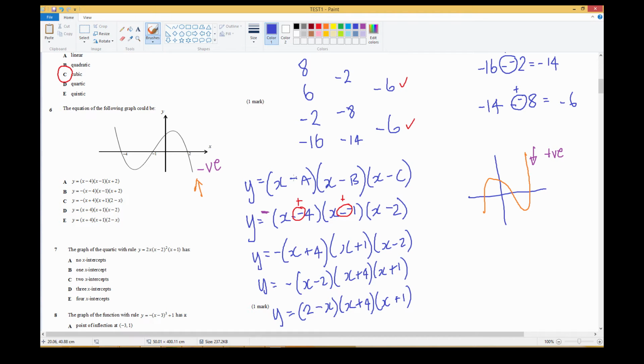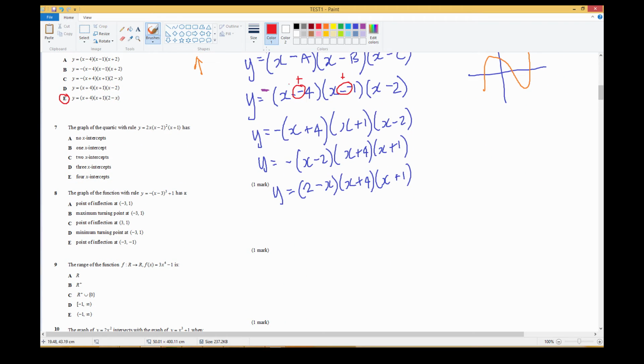So here you just got to be careful of the signs. So if you get 2 negatives together, you get a positive. So our response for this one is going to be C again. No, sorry, not C. What's wrong with that? Not C, it's E. Because here there's a negative sign in front, so it's not C, it's E.